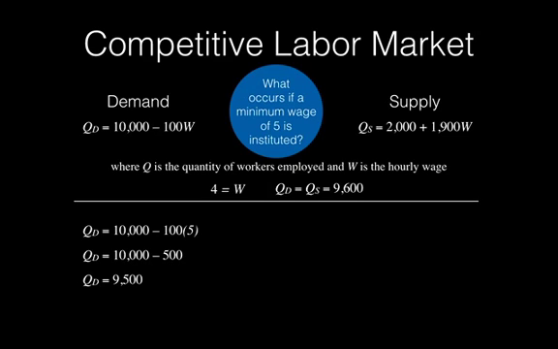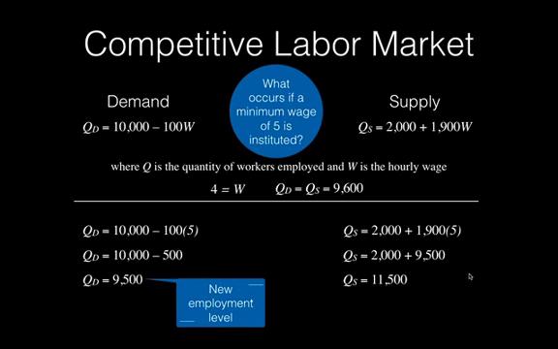So it's 10,000 minus 500. So the new quantity demanded is going to be equal to 9,500. And we do the same for the quantity supplied, 2,000 plus 1,900 multiplied by 5, which is 2,000 plus 9,500, and QS is equal to 11,500.